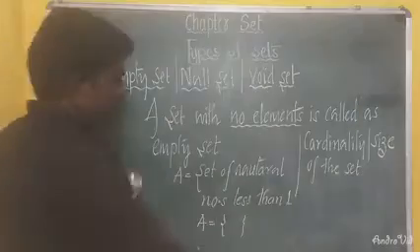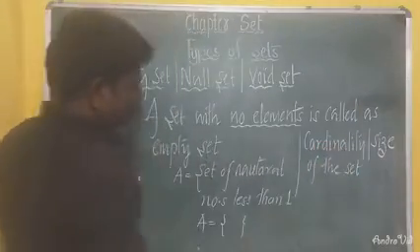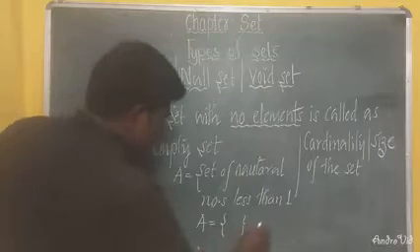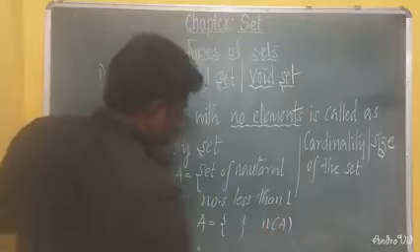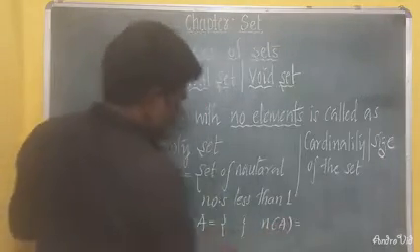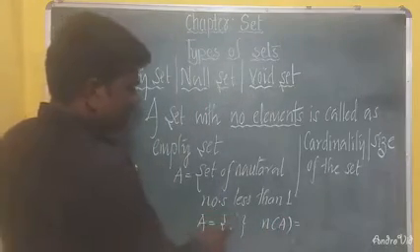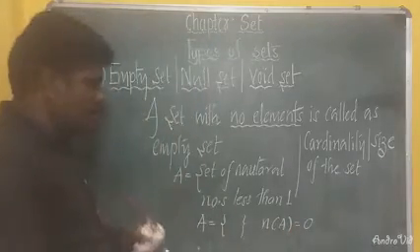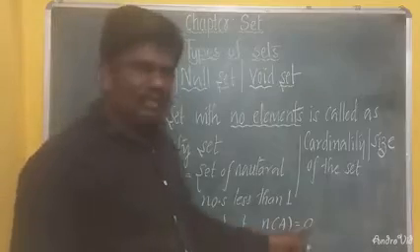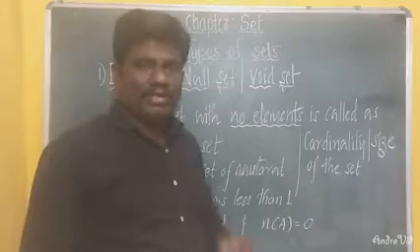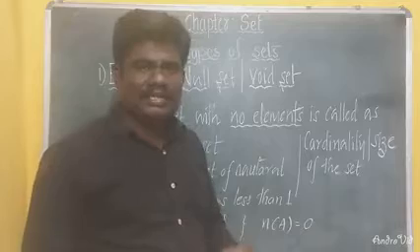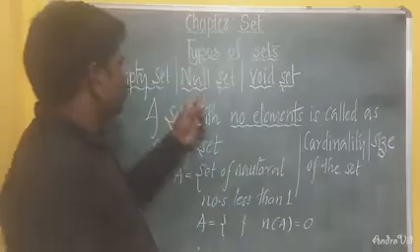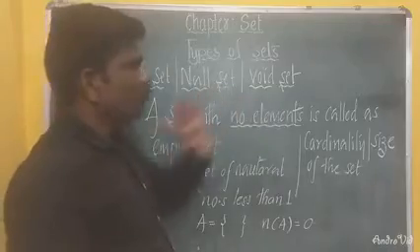Now the cardinality or the size of the set A, we denote like this: n of A is equal to 0, because there is no element in this. Okay, so in other words, if the cardinality of any set is 0, we can easily call that set an empty set. An empty set is even called a null set or a void set.